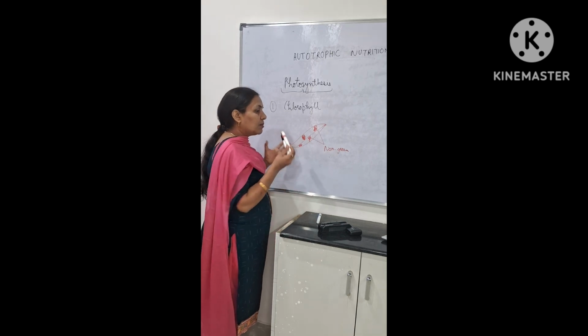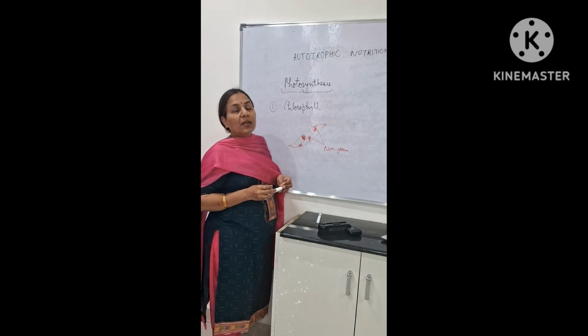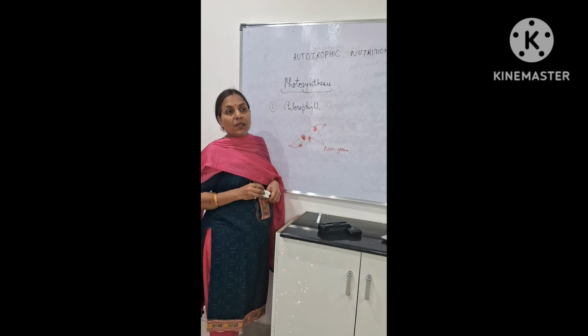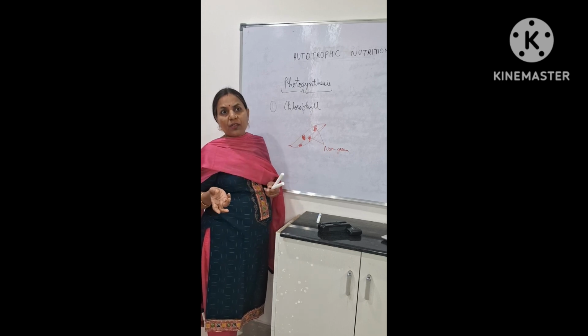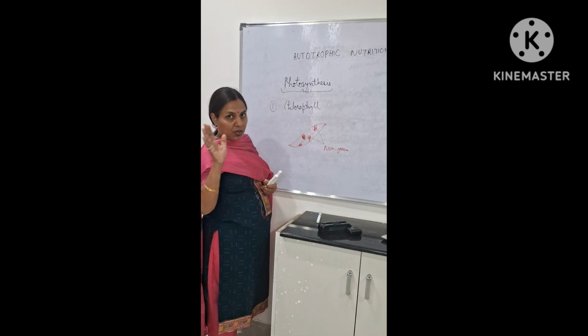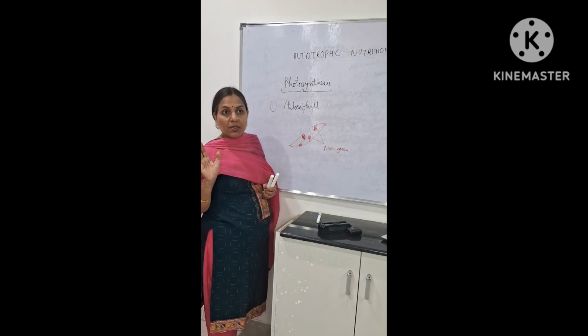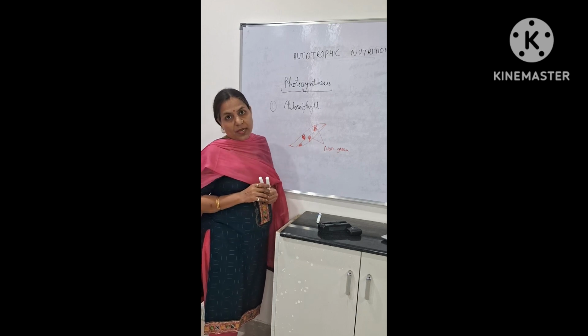If it's a yellow or whitish part of the leaf, it indicates that chlorophyll is missing. Yellow indicates the presence of xanthophyll, white indicates the presence of leucoplast but not chloroplast, which contain chlorophyll and are able to absorb sunlight.